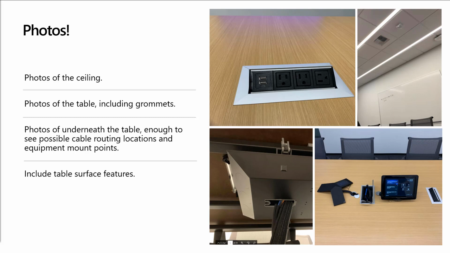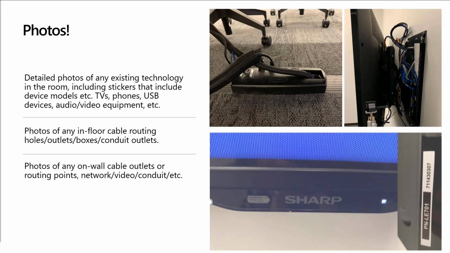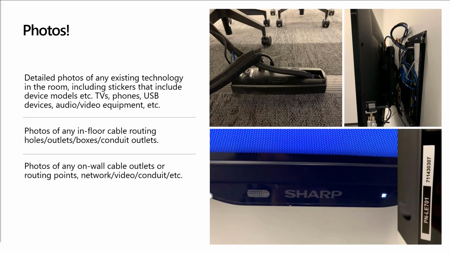This will give you an idea of how you can run cables, if you're going to need extenders, if you need to secure the cables tightly, where you're going to get power, if you can put things in ceiling. And again, photos of everything, of the floor, behind the monitor. If there's an existing display, take a photo of the display make and model so that you can look up to make sure it has the right connectors to match with the Teams Rooms equipment.